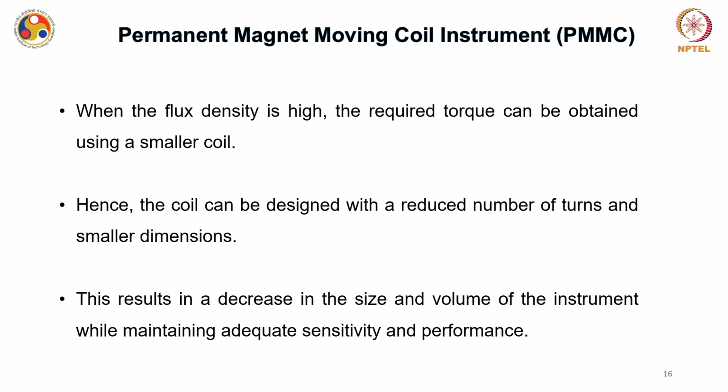Hence the coil can be designed with a reduced number of turns, and even a smaller dimension of coil can do. This results in a decrease in the size and volume of the instrument while maintaining adequate sensitivity and performance of the device.